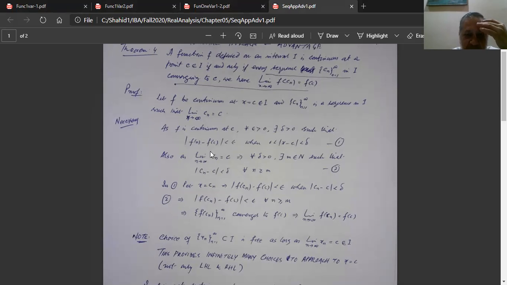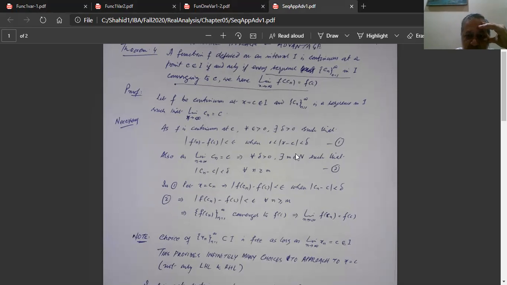Also, this hypothesis is telling us that there is a sequence whose limit is c, a sequence each of whose terms is in the interval I. Now, sequence convergence means for every epsilon, I have used delta this time, there exists a positive integer such that all terms of the sequence are within the neighborhood of c after the first few terms.